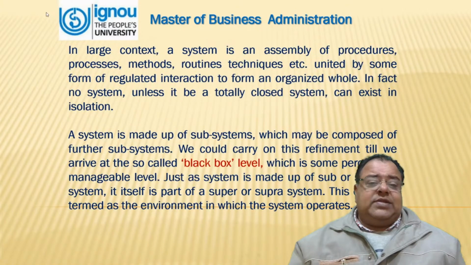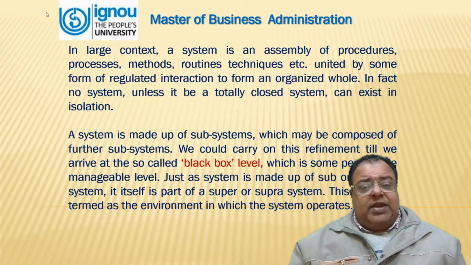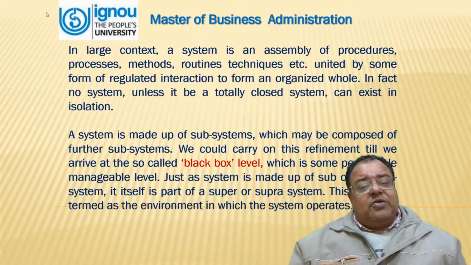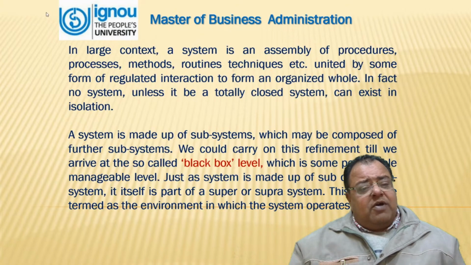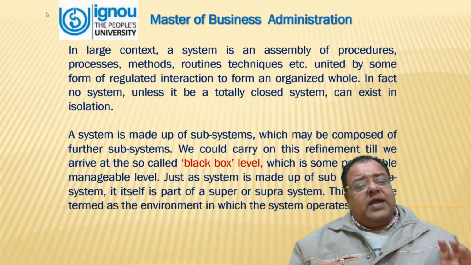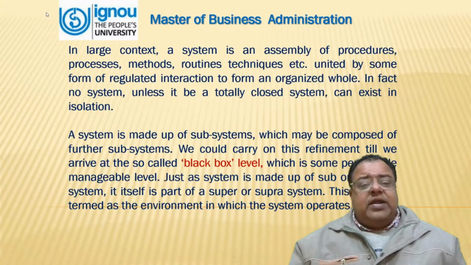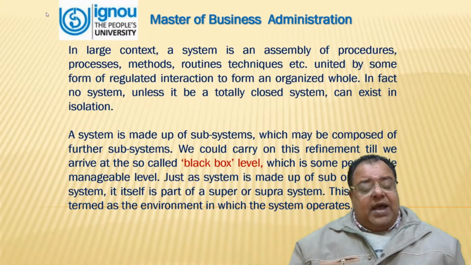In a larger context, a system is an assembly of procedures, processes, methods, routines, techniques, etc., united by some form of regulated interactions to form an organized whole. In fact, no system, unless it be a totally closed system, can exist in isolation. A system is made up of subsystems which may be composed of further subsystems.